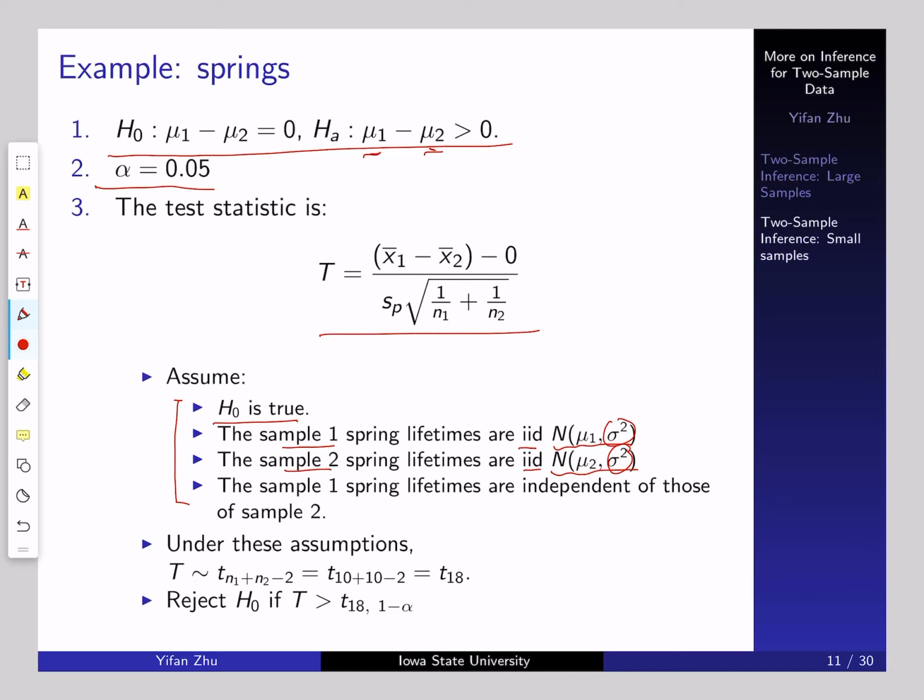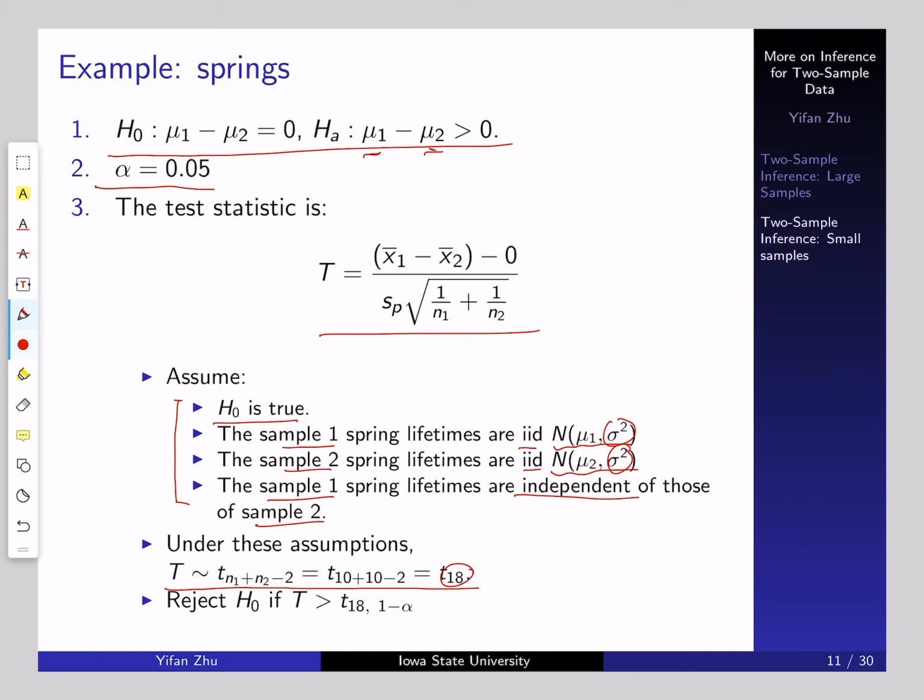And sample 1 and sample 2 are also independent of each other. Under these assumptions, the test statistic has a reference distribution of t with degrees of freedom n1 plus n2 minus 2. So n1 plus n2 minus 2 is 18 in this example.